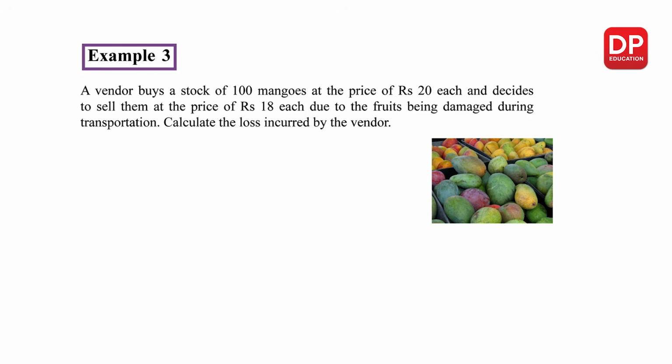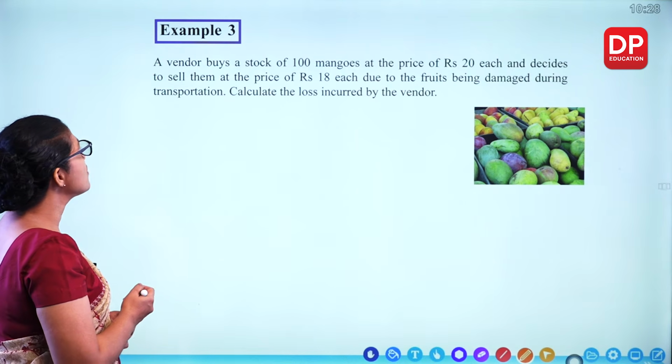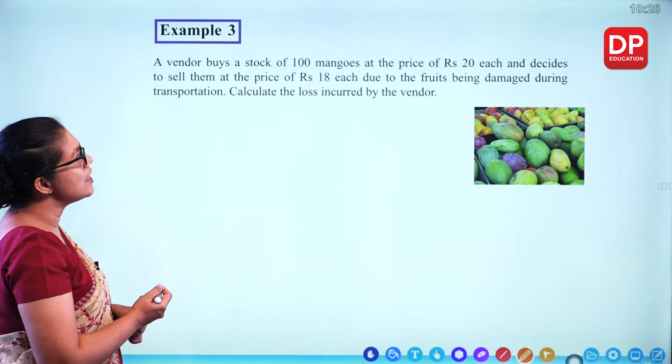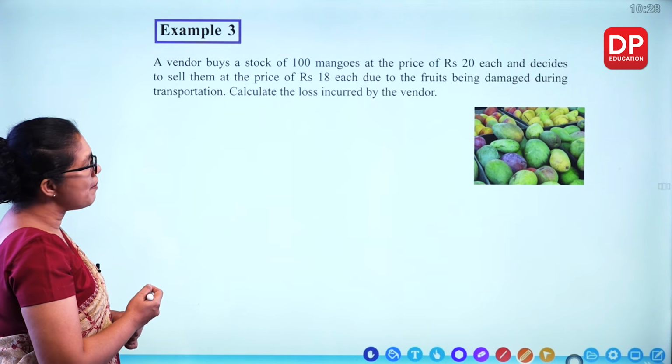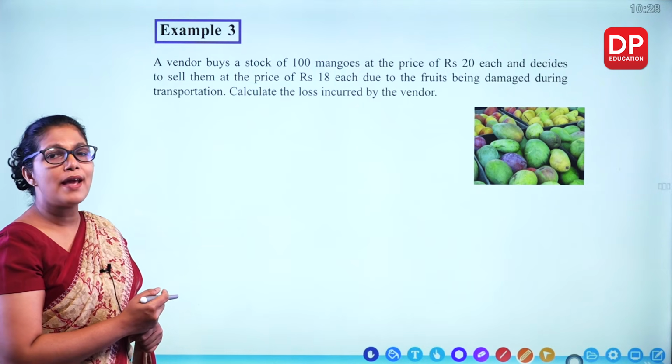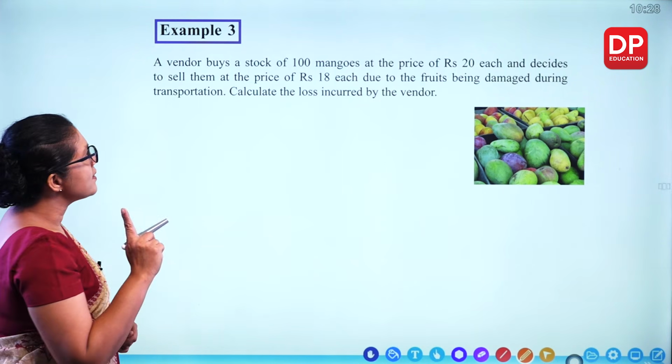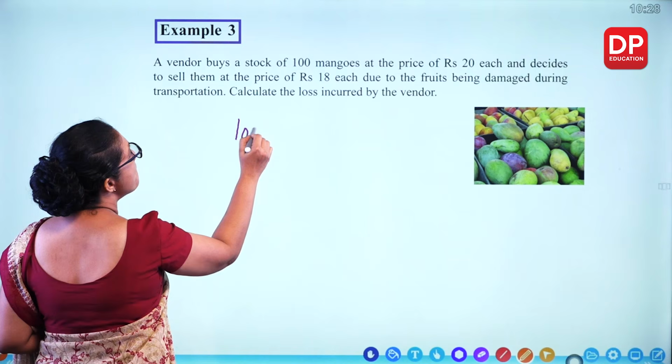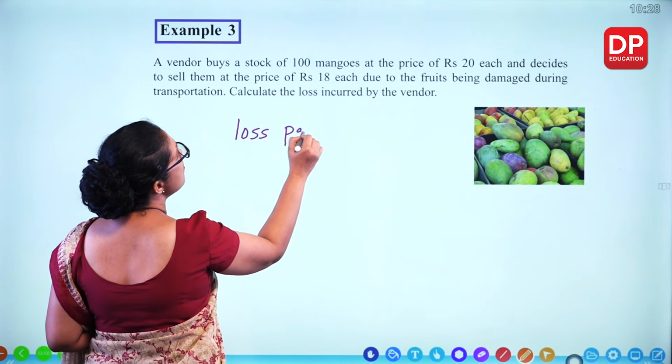Example number 3. A vendor buys a stock of 100 mangoes at the price of 20 each and decides to sell them at the price of 18 each due to the fruits being damaged during transportation. Calculate the loss incurred by the vendor. So what's the loss per one mango?